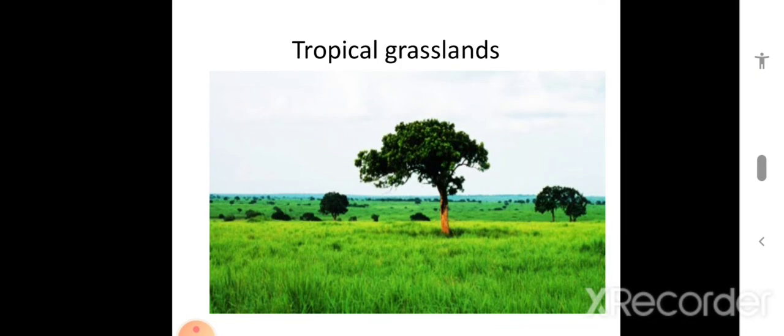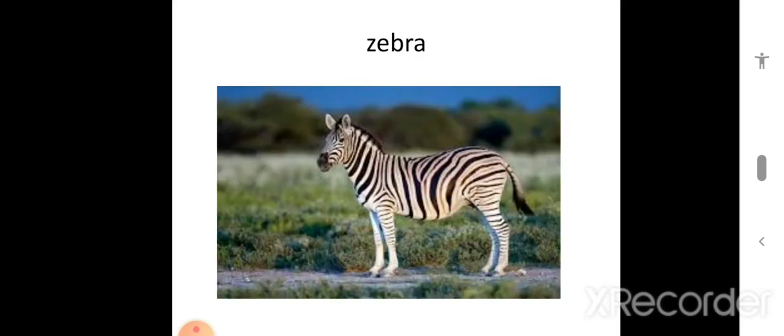And the animal life which we can see here is zebras, giraffe, deer, antelopes, elephants, buffaloes. All these types of animals we can see in the tropical grasslands.